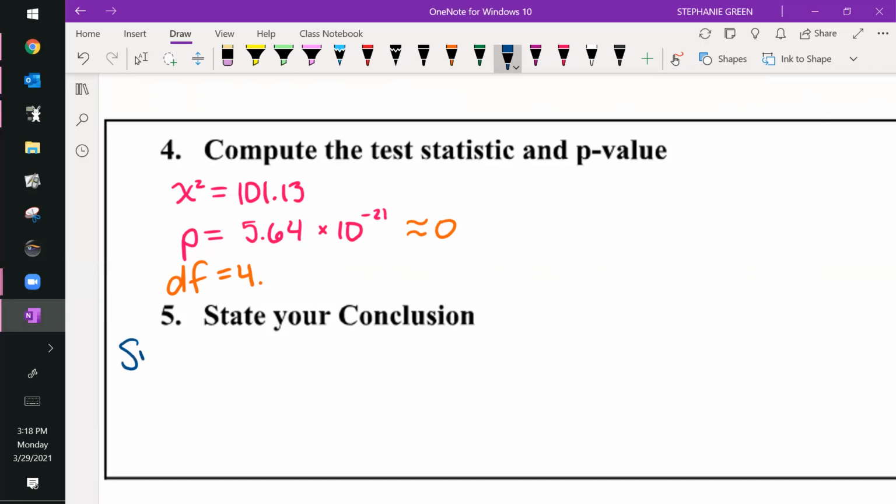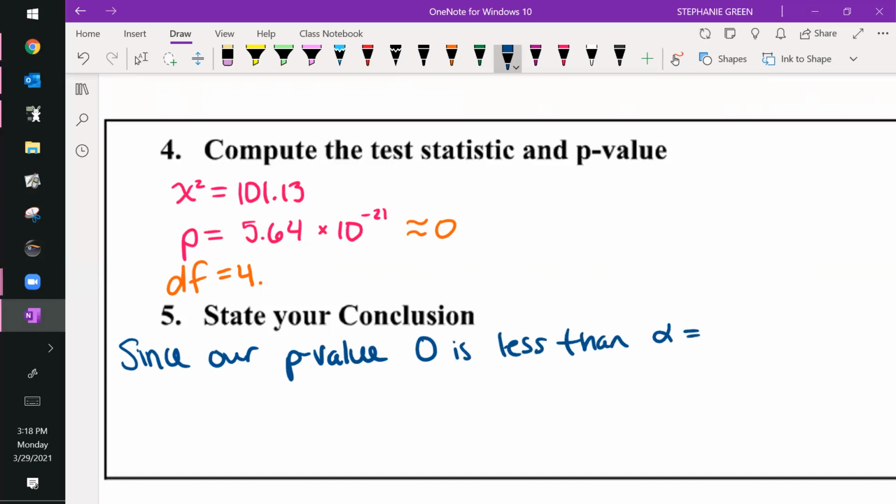So let's say that. Since our p-value, 0, is less than alpha, 0.05, we reject H naught. That's what we say every time that P is less than alpha, right? Now we have to say it in context. In context, what does that mean? Well, it's always going to mean the same thing in these tests.